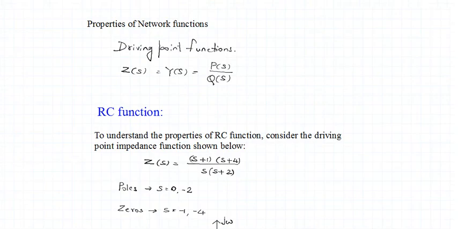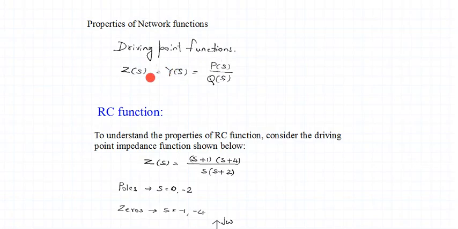So let us understand the properties of these RC, RL and LC functions. If the given function, whatever equation which is given to us, is the ratio of P of S by Q of S, this particular function is either given in the form of impedance driving function or admittance driving function.